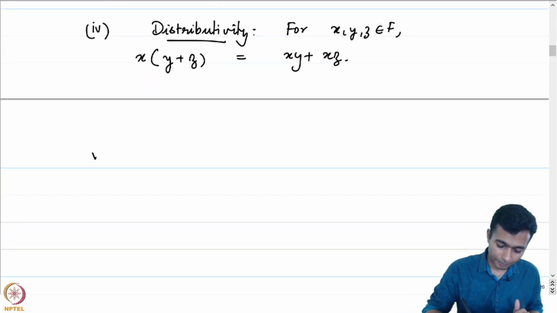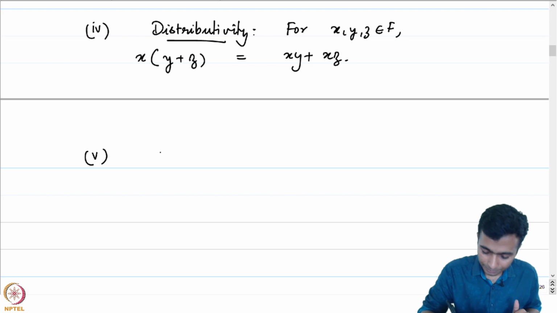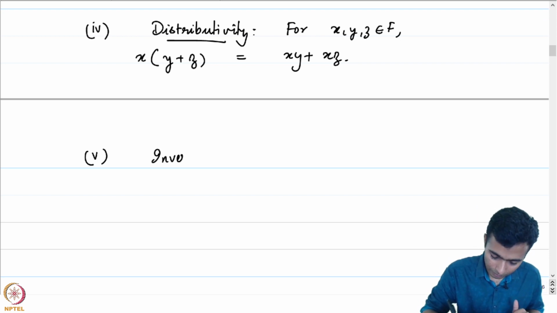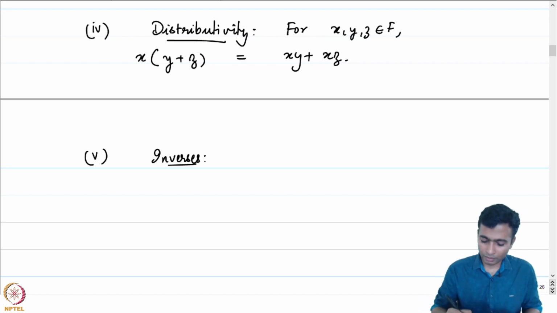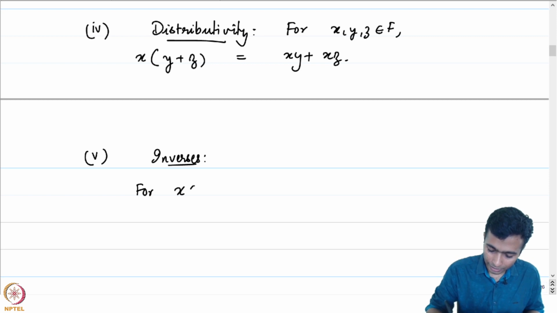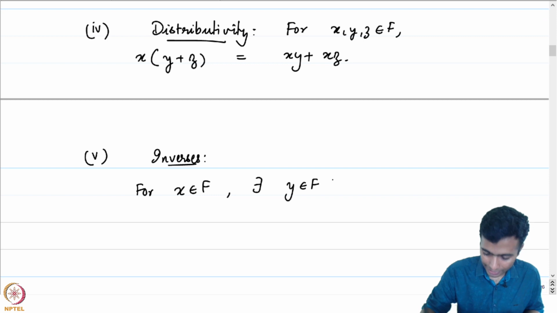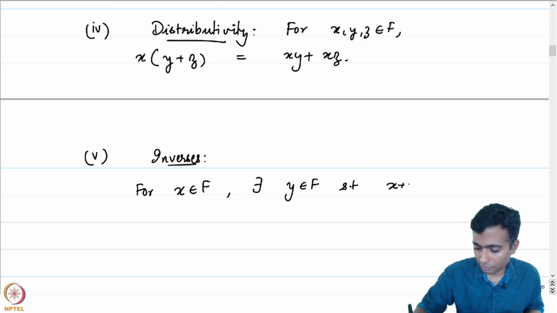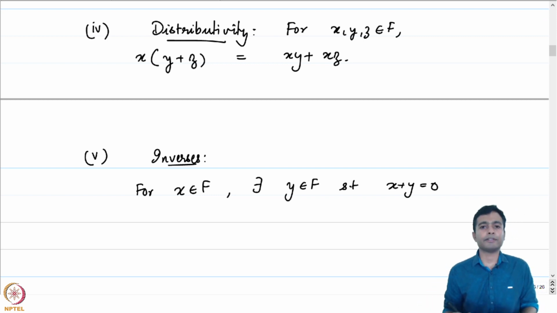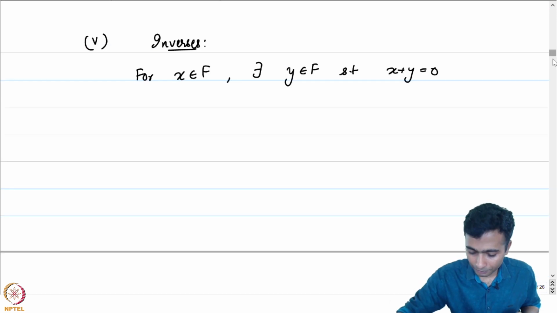And finally, existence of inverses. So for x in capital F, there exists y in capital F such that x plus y gives you the additive identity.